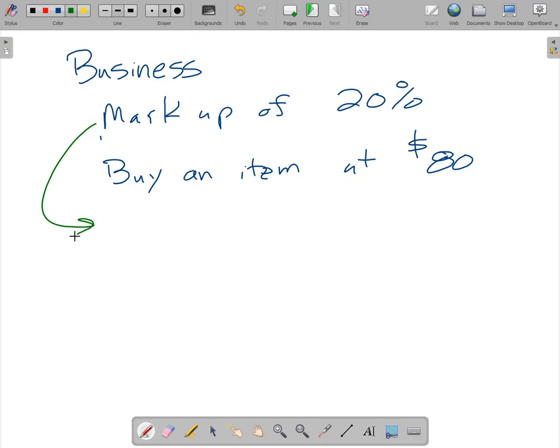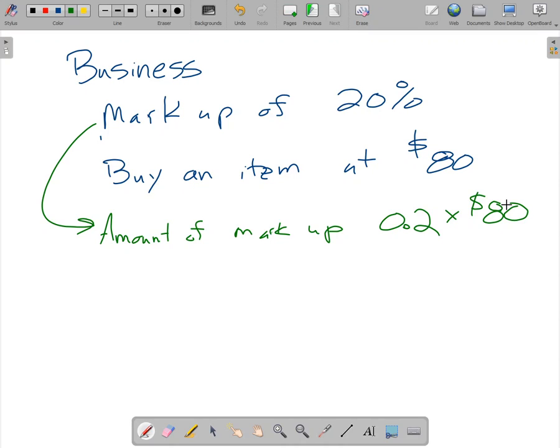So let's take a look at what happens there. To apply the markup, for the amount of markup, we're just going to take our 20% as a decimal, so it would be 2/10, and multiply by the $80. So that's going to give us the amount of markup.